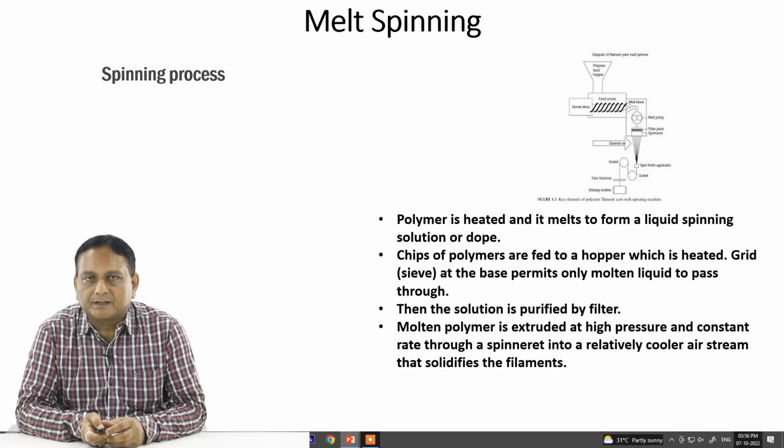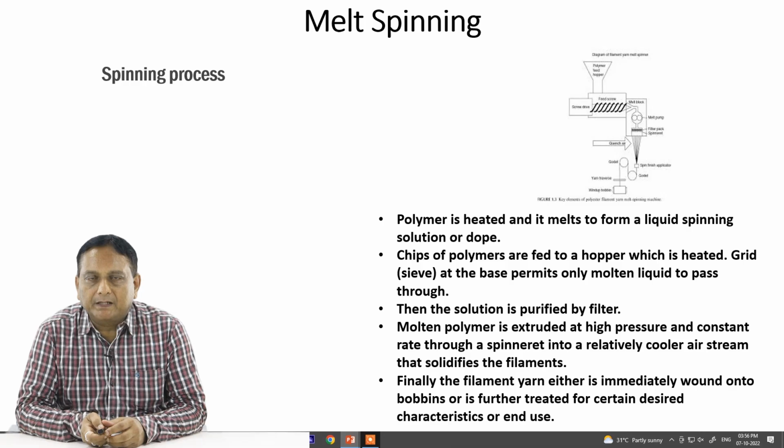So basically this is the melt spinning process as it happens in industry. Finally, the filament yarn is either immediately wound onto bobbins or further treated for certain desired characteristics or end use.